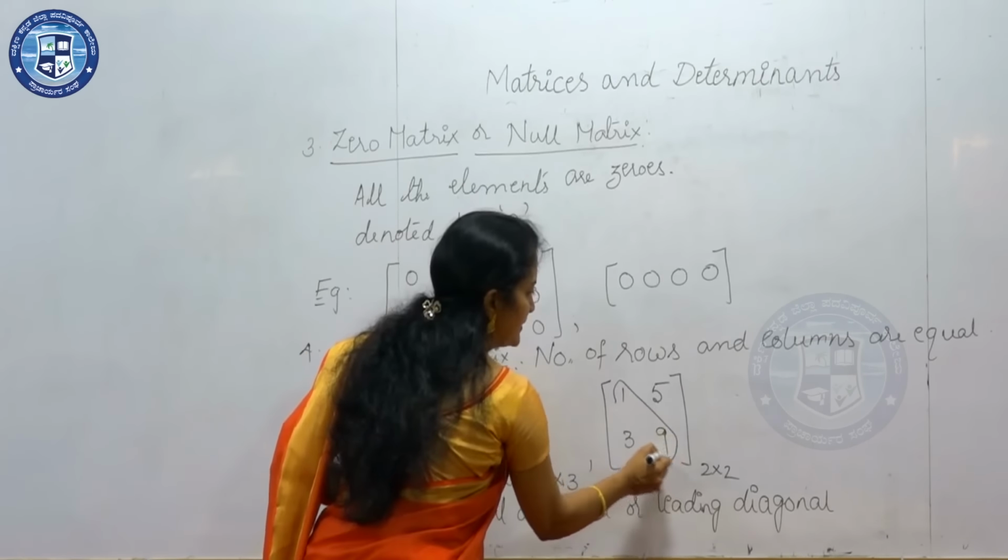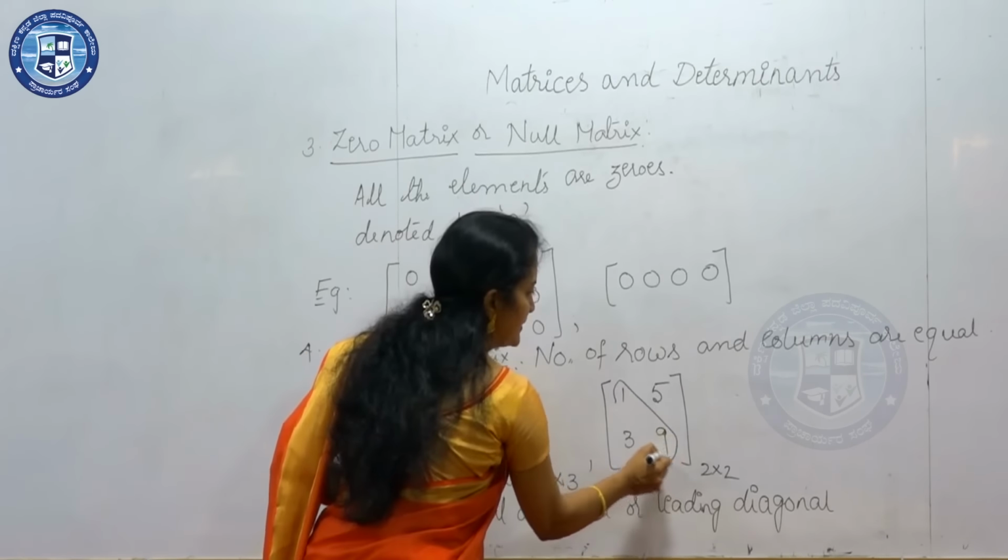So this is a matrix in which only the diagonal elements are non-zero, and all remaining are zeros. If all non-diagonal elements are zeros, then that type of square matrix is called a diagonal matrix. One more example, 3, minus 9, 0, 0. It is a diagonal matrix.